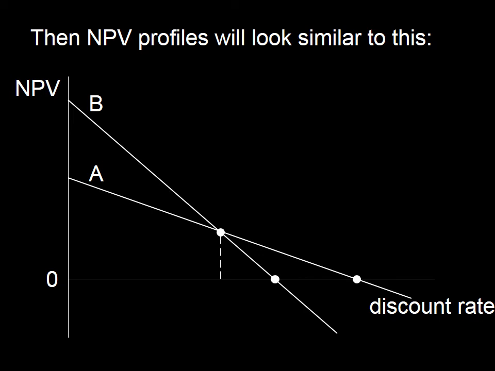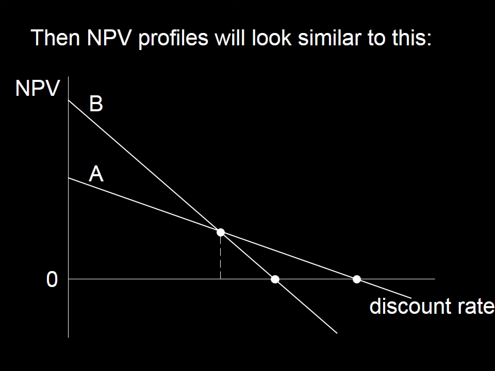Let's say that the firm's cost of capital happens to be 10%, and this point right here, before we get to the crossover, is 10%. If the firm's cost of capital is 10%, then clearly Project B has the higher net present value over Project A. As long as the firm's cost of capital is less than this crossover point, Project B has the higher net present value over Project A.